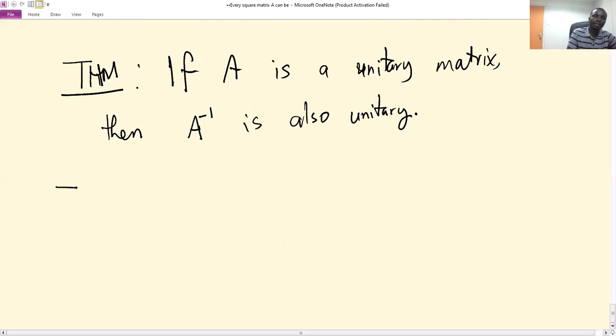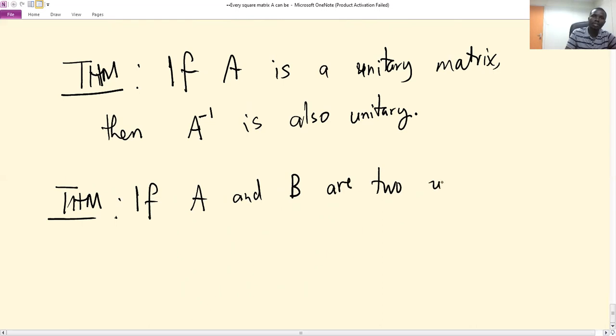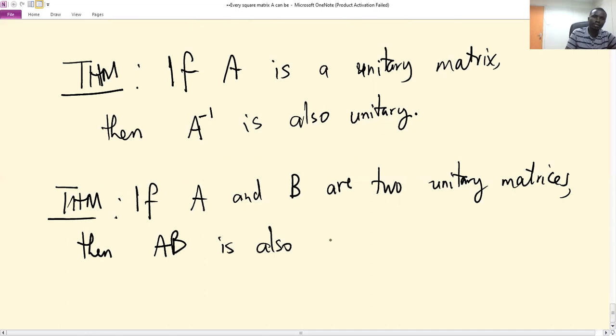And another theorem: if A and B are two unitary matrices, then AB is also unitary.